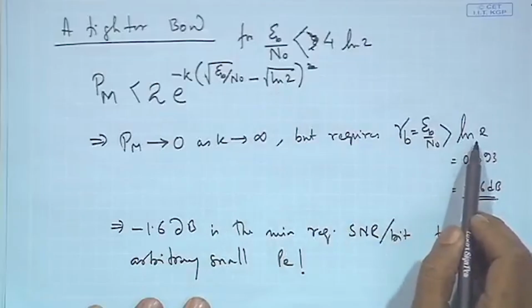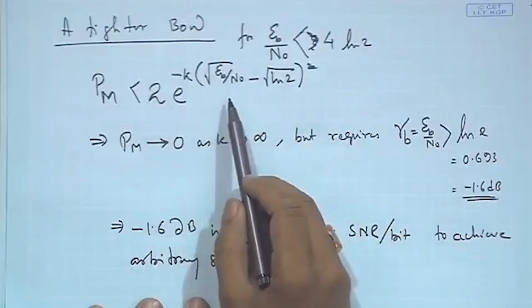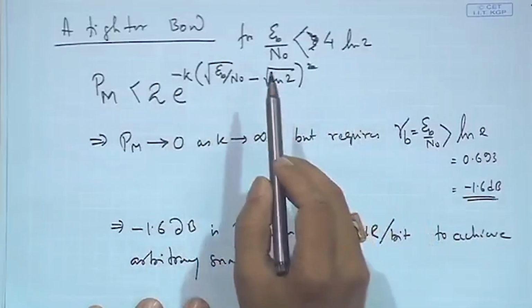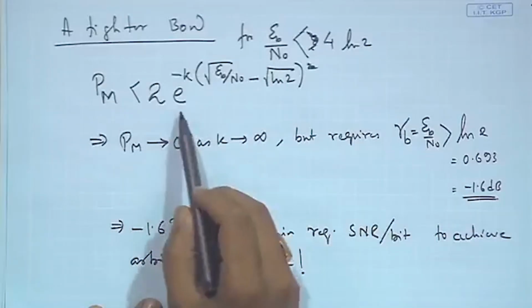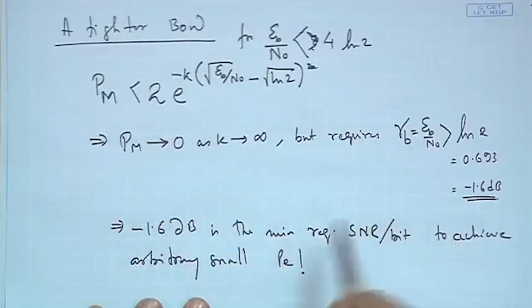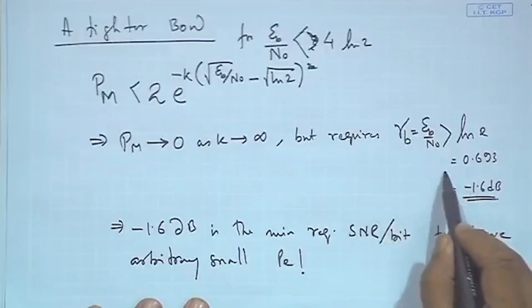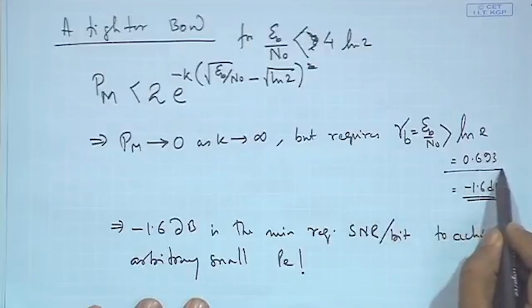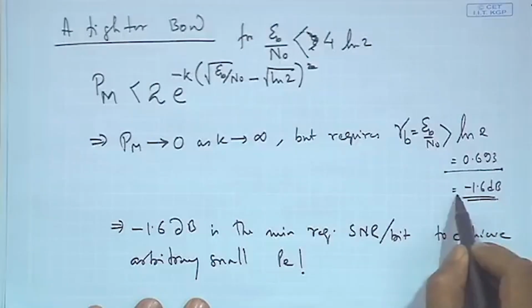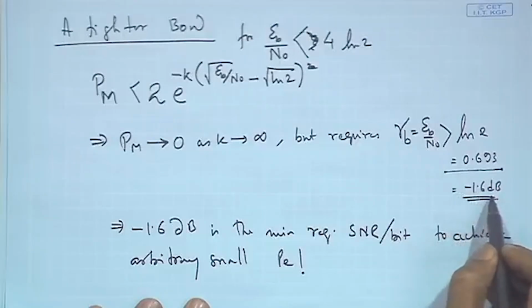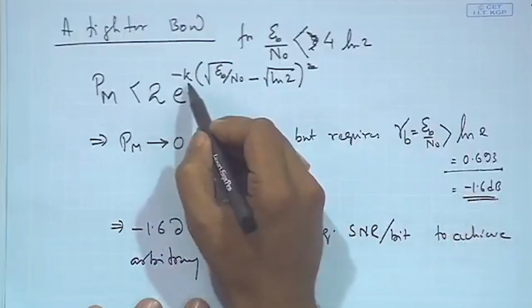Again, I am stating that this result we are using from some other derivation using a tighter bound of the expansion. So, this tells us that as long as Eb by N naught is greater than the natural logarithm of 2, which is 0.693, that means greater than minus 1.6 dB, you can keep increasing k.